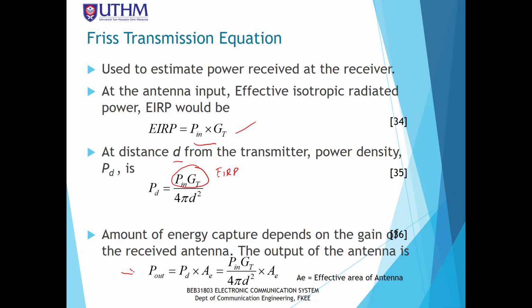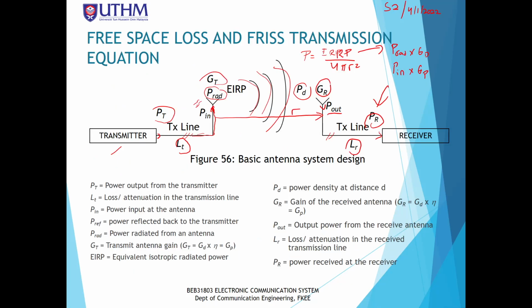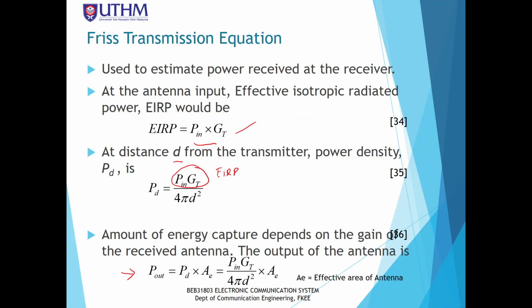So P out is the power output from the receiving antenna. Okay, which is this one, P out, the output power from the receiving antenna, is equal to PD multiplied with the effective area of the receiving antenna.